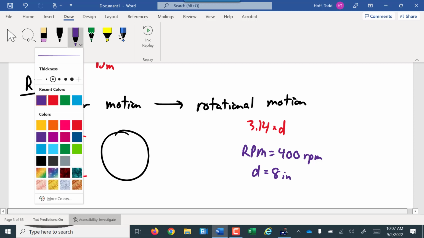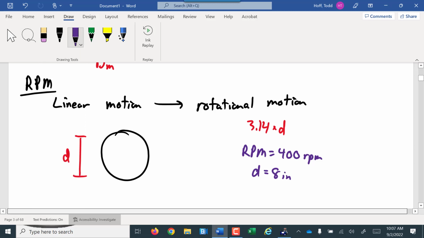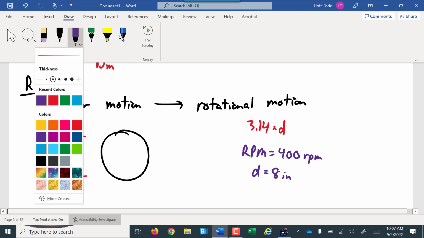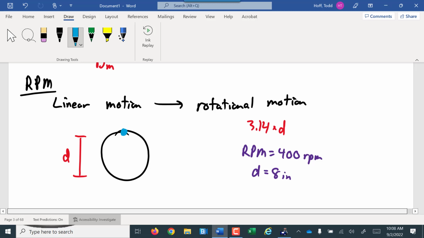The linear distance traveled by the belt on that pulley is the same as the linear distance traveled by any point on that pulley. Well, if it goes around once, that's just the circumference of the pulley, the distance around the pulley. If it goes around 400 times in a minute, that's just 400 times that distance around the pulley.